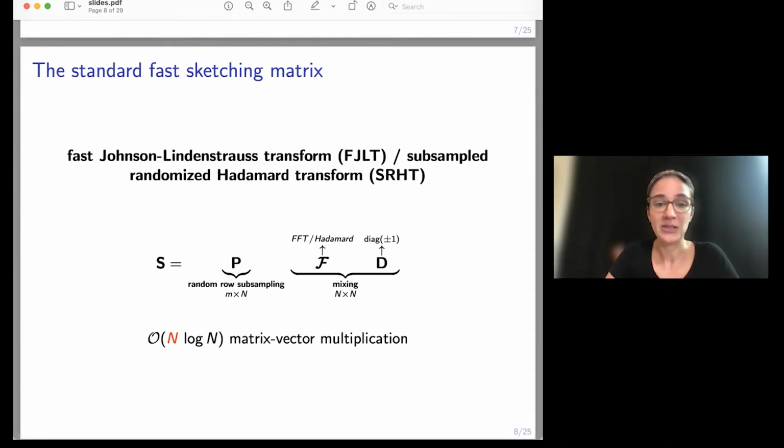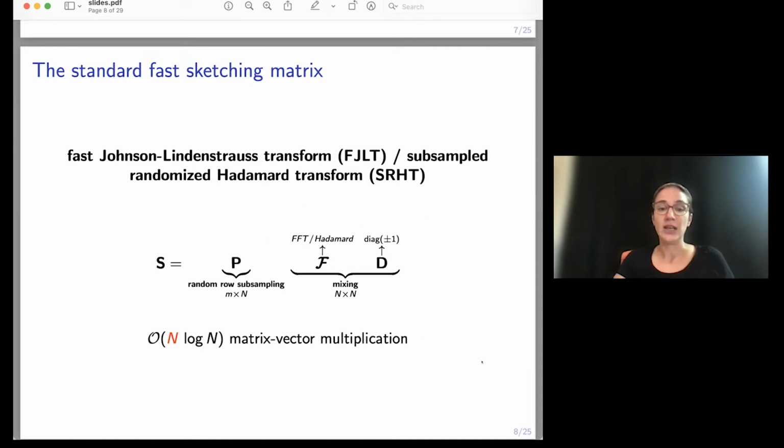It's a sketching matrix that is a product of three base matrices. You start with either a discrete Fourier matrix or a Hadamard matrix, randomize the signs of the columns of that matrix, and then subsample a small number m of rows from that matrix at random. This creates a short fat sketching matrix that inherits the nice n log n matrix vector multiplication from the orthogonal DFT or Hadamard.